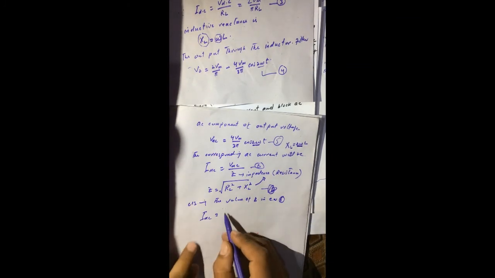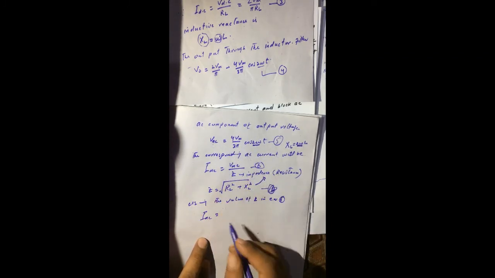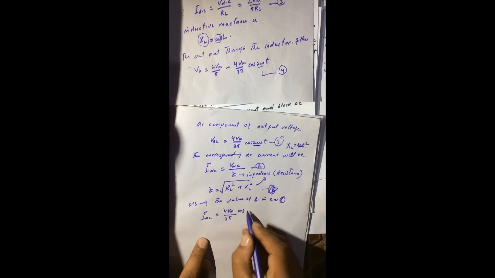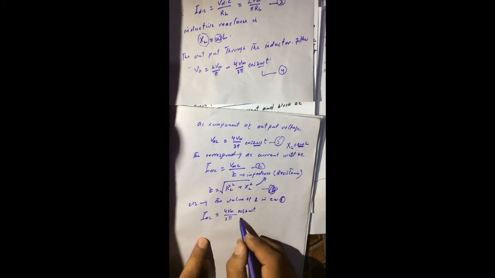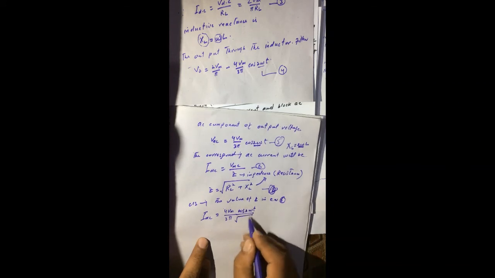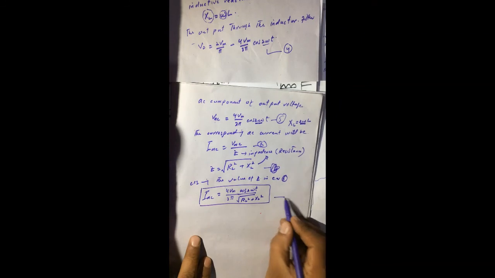Instead of AC voltage we put this value, 4Vm over 3 pi, with cos 2 omega t, divided by this Z, where Z is equal to the square root of RL square plus XL square. This is the AC component of the output current. This is equation number 7.